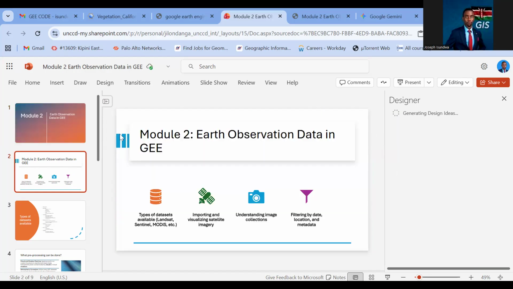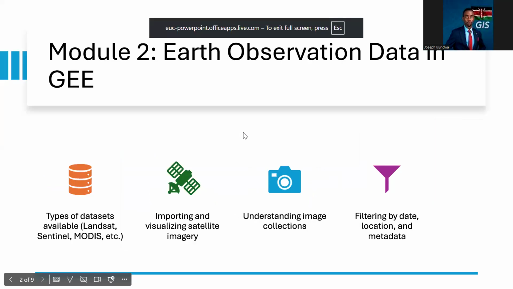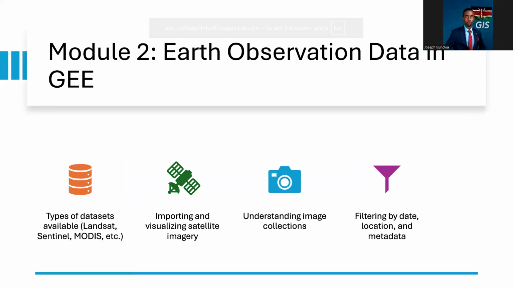So the second module is about Earth observation data in Google Earth Engine. We are going to see some of the data sets, how important Google Earth Engine is in terms of what data we can use in there, how we are going to use it, and so forth.